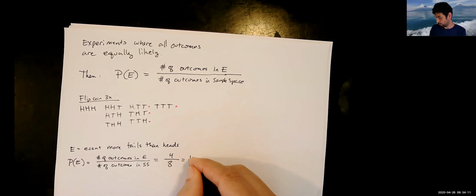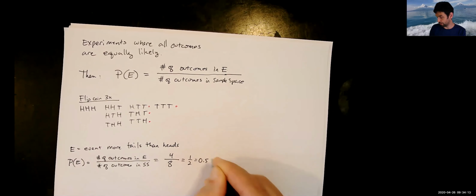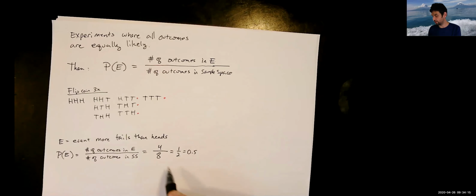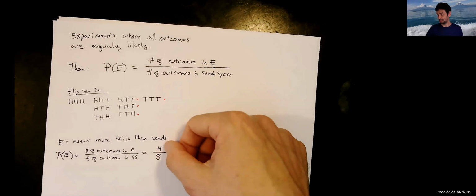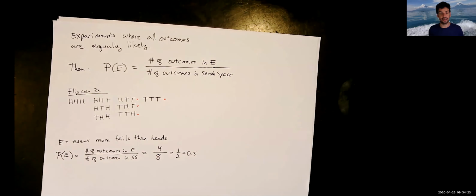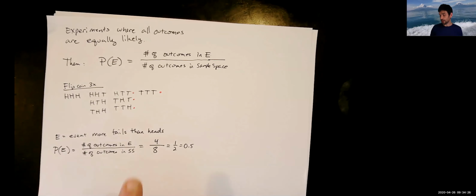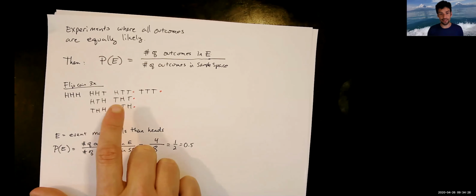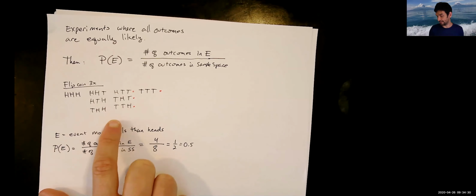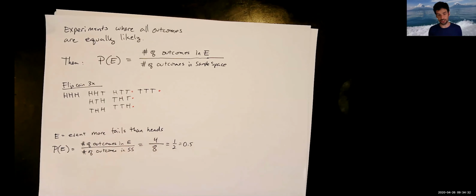So we get 1/2 or 0.5. Either of these fractions is fine. And really, I don't actually always reduce fractions when I'm dealing with probabilities because sometimes they show us something. In this case, it's showing us that there are 4 out of our 8 outcomes in E, right? But notice when it's a sample space like this where each outcome is equally likely, we're just counting. It's pretty straightforward, right?